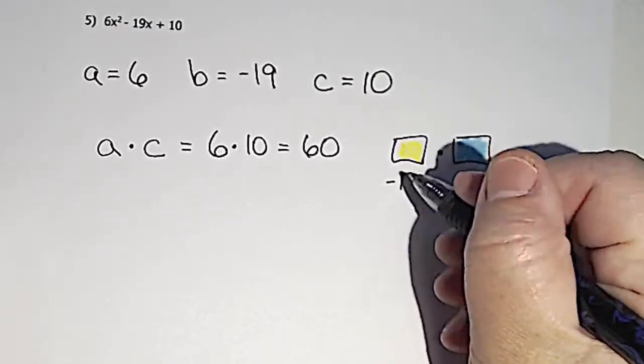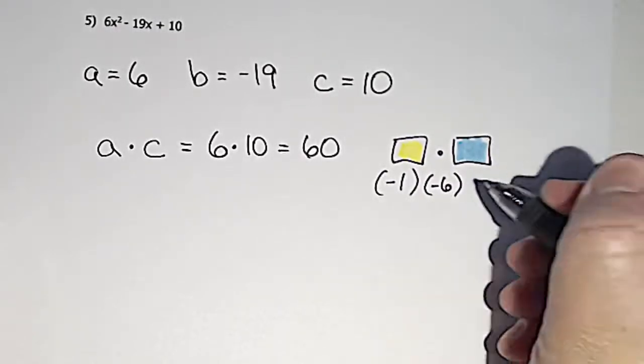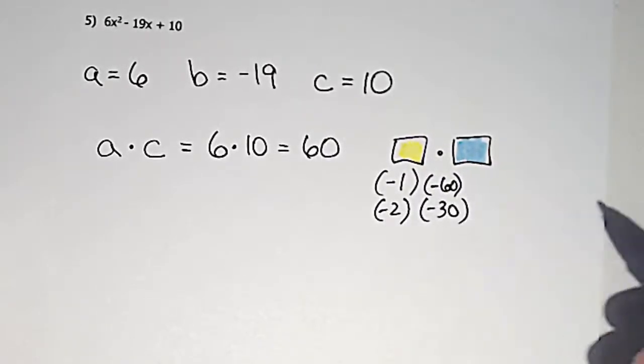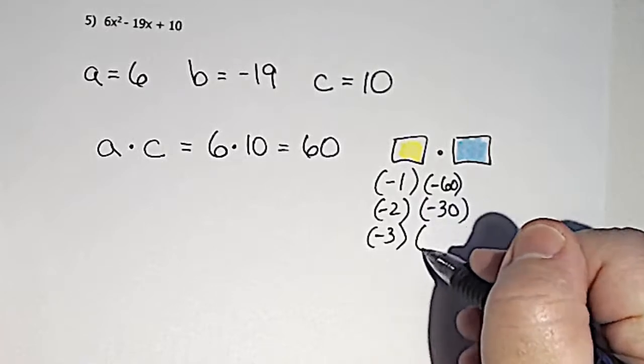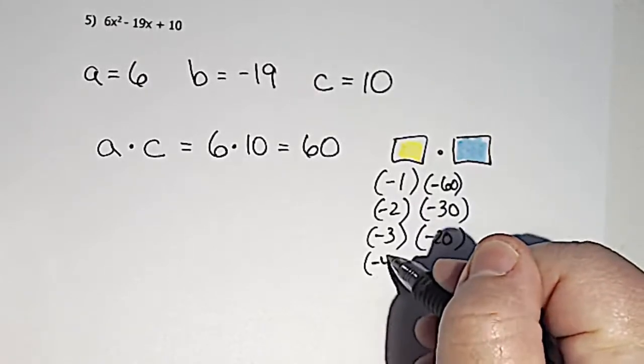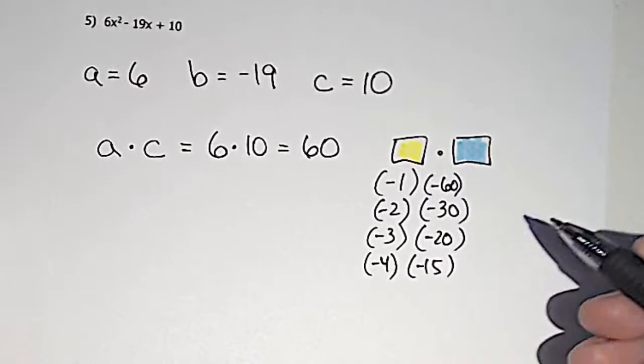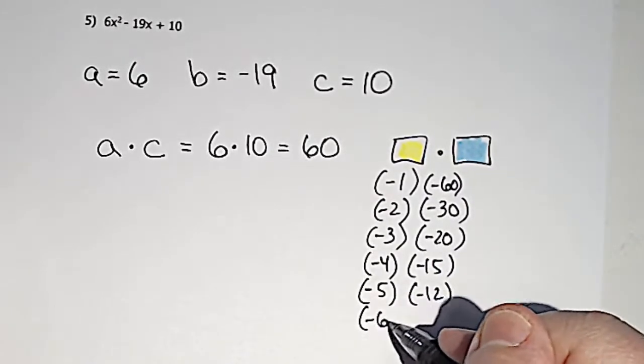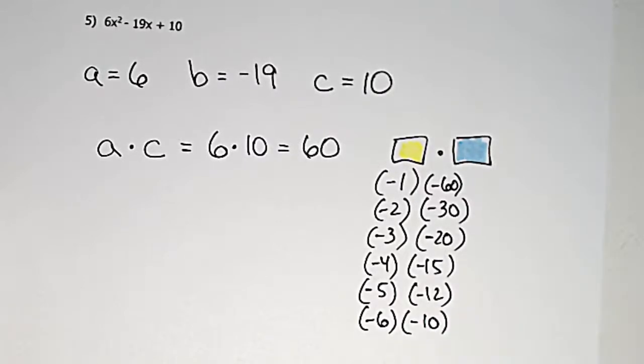I've got -1 and -60, or -2 and -30, or -3 and -20, or -4 and -15, or -5 and -12. It helps if you're fast at factoring, that helps a lot. I think that's all of them, -6 and -10, and I don't think anything bigger than 6 goes in except for 10. 7 doesn't, 8 doesn't, 9 doesn't, yeah.